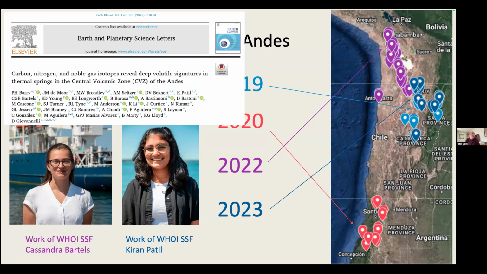You can see there's well over 100 sampling localities, so this is a pretty comprehensive regional distribution. It's really important for us to target, if possible, samples in the forearc, in the arc itself, and the back arc to form this complete picture.